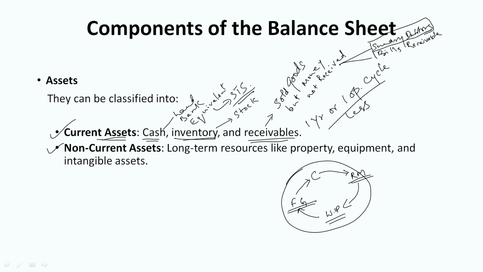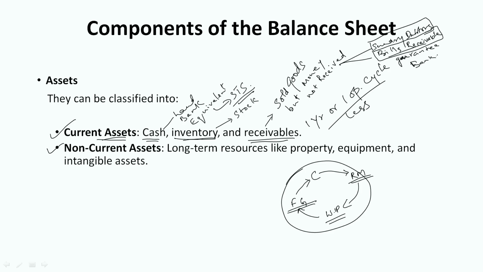Sometimes a new party comes to me and says that I want raw material or I want to purchase your goods. You say that I have no idea about you, I want a guarantee so that I can give you goods. So they will give you a bills receivable. So the bills receivable is nothing but the guarantee which is given by the bank of the party who is purchasing goods from you.